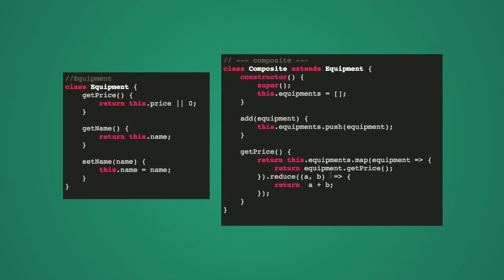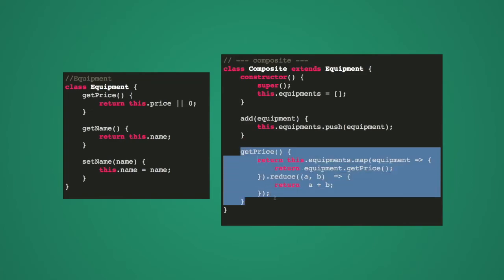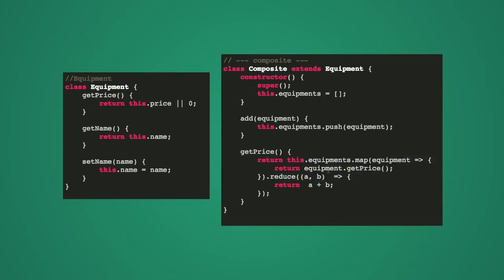But what it does is, if you see here, it goes and fetches the price of that composite. But what if the equipment is an array? So like another composite. So that's okay, because see, this is a composite and it has a get price method. It will keep calling this method and it will go into the array of items until it finds a solo equipment that doesn't have an array, that returns a number.